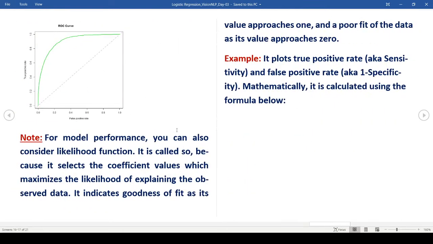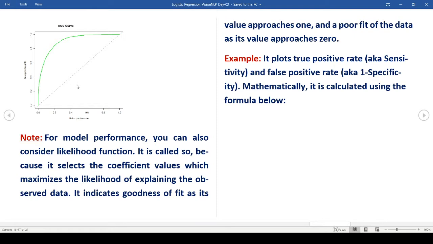All right, guys. So this is a typical ROC curve. I have plotted my x-axis from 0.0 to 1, which is always the same, and again 0.0 to 1 on my y-axis.